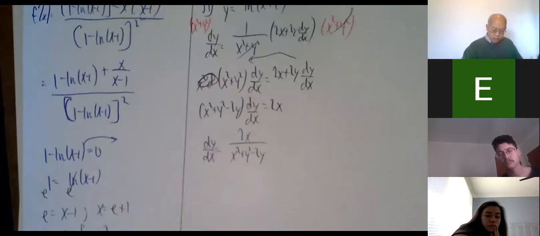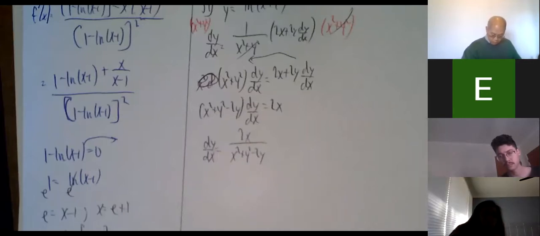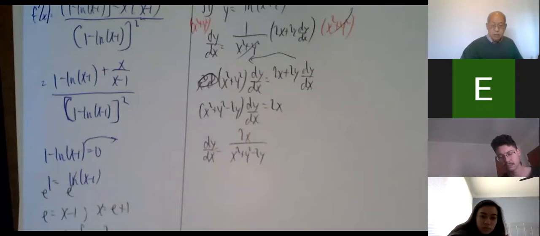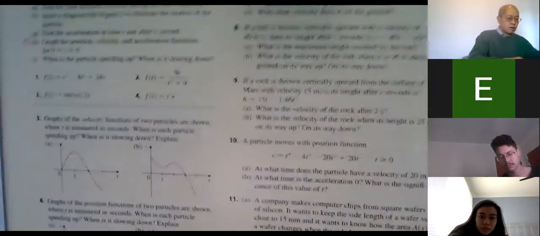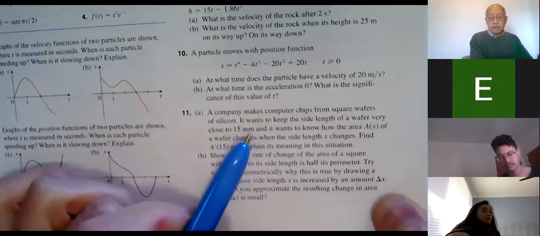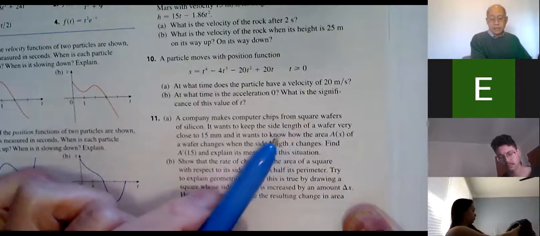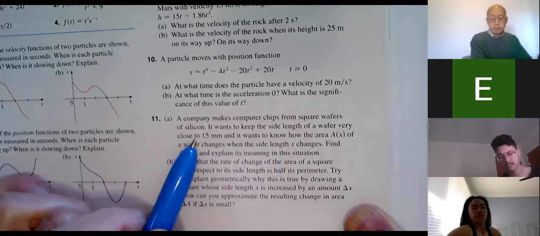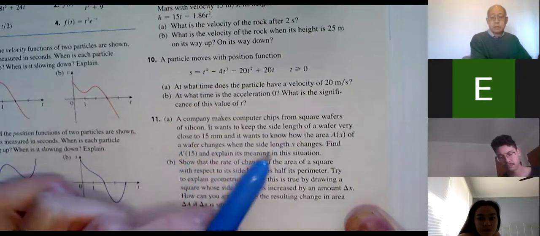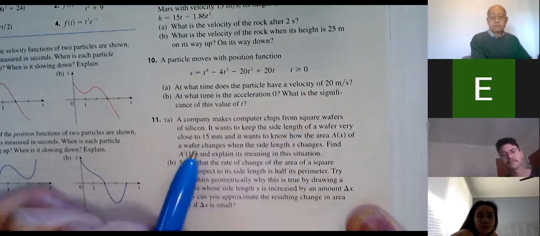3.711a. Let me see what that's about. Yeah, 3.711a. It said that we have square wafers. So the side length is x and the area is x squared. Okay, if that was your question. Okay, it says a square wafer.